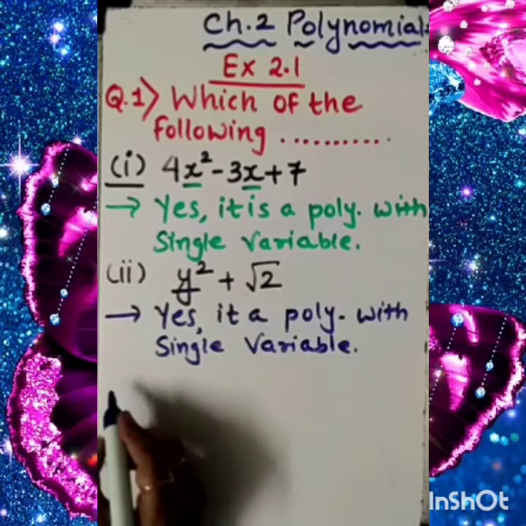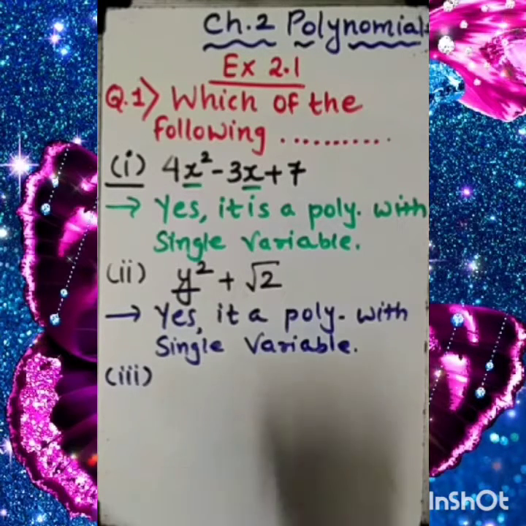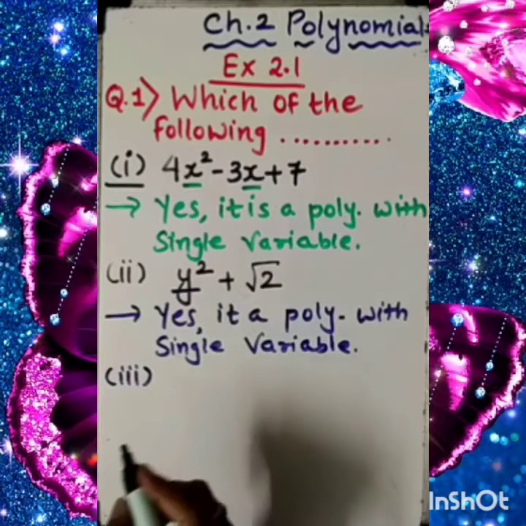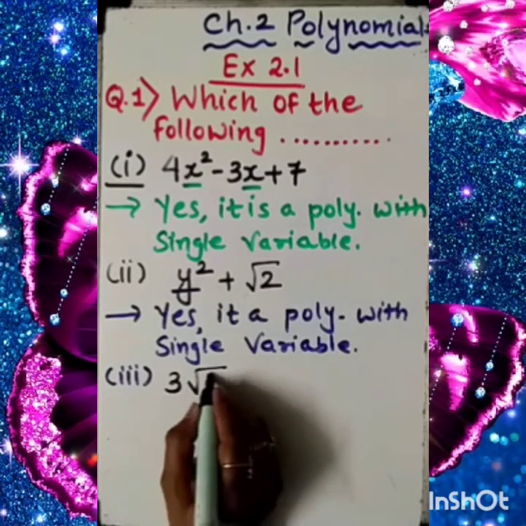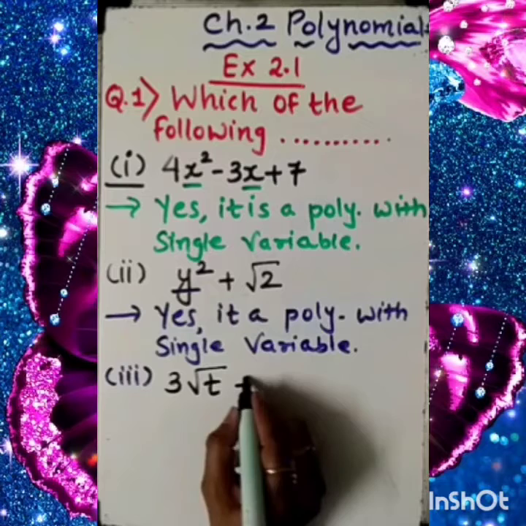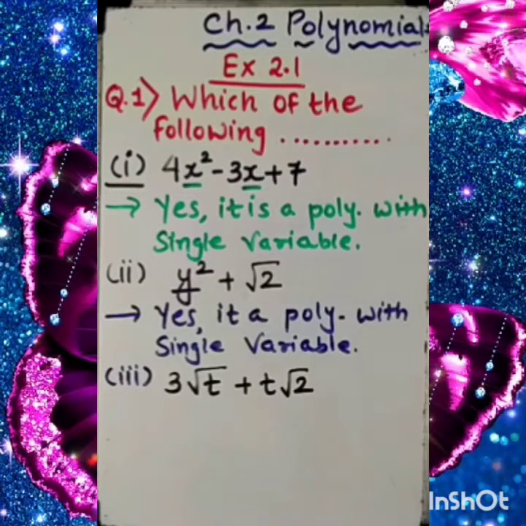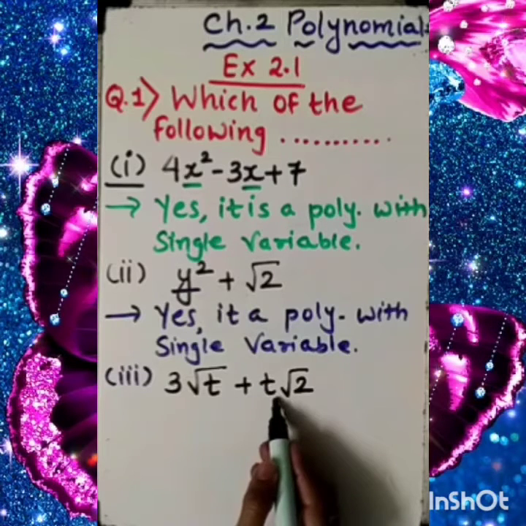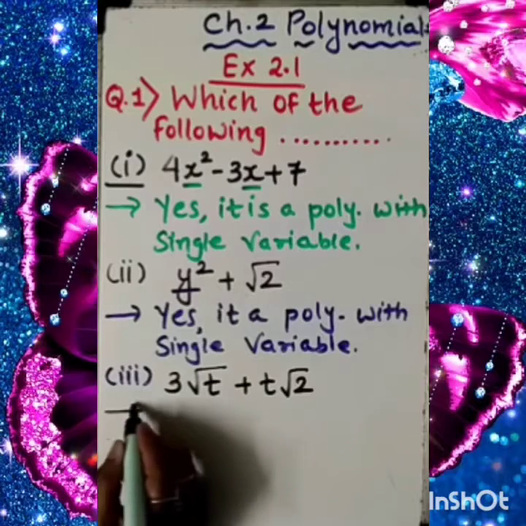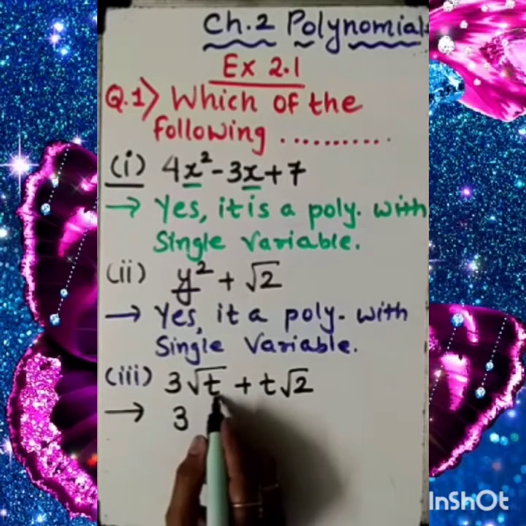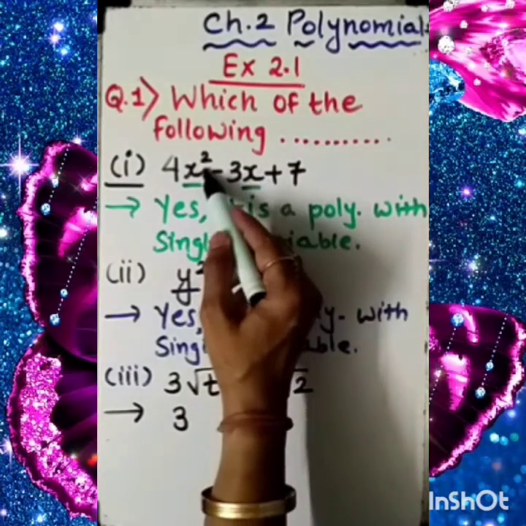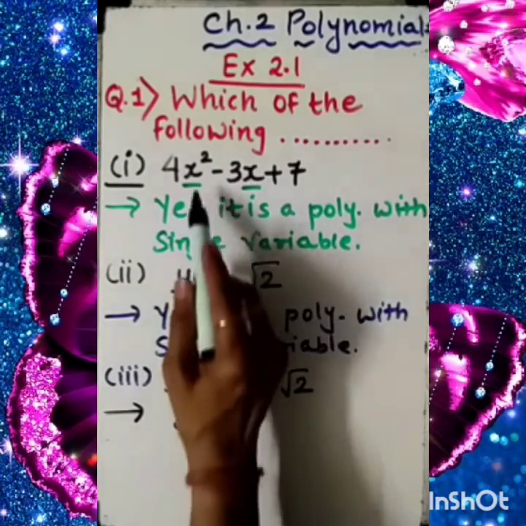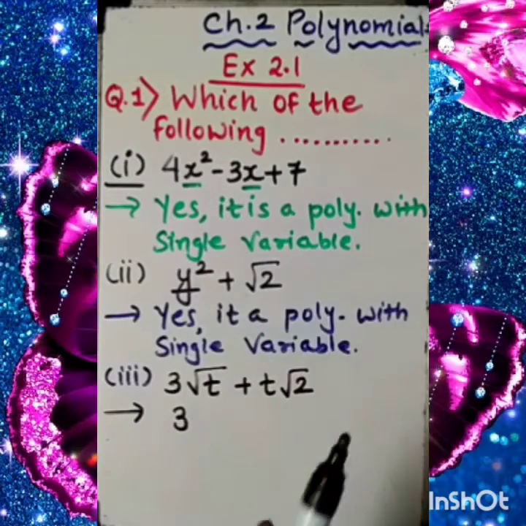Now what about the third? It's very important that the power of the polynomial should be a natural number. Look at your screen, 3 root t plus t root 2. Now what is the variable here? Observe carefully, the t variable is there. But the condition to be a polynomial is not satisfied with this t. The power should be a natural number.